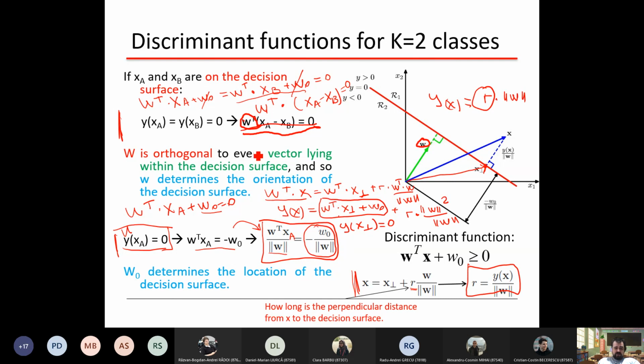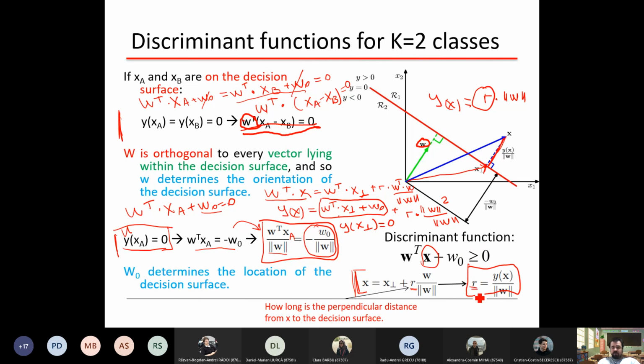So if we have w transposed, we know the orientation of the decision surface. And if we have w0, then we have its positioning, because it's the value minus w0 over the norm of w. And if we have these two pieces of information, it means that we know everything about the decision boundary. Therefore, to evaluate a new point x, I showed you that all we have to do is to take the perpendicular from x to the decision boundary and evaluate this value.